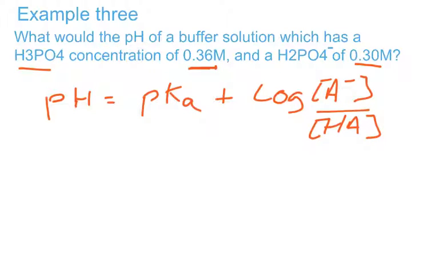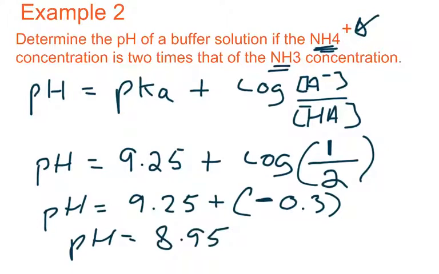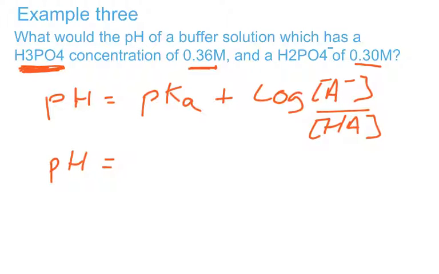Now we're going to do some plugging in. We are looking for pH, so we don't know that. Now the pKa for H3PO4 can be found on our table over here, this phosphoric acid at the top, and that value is 2.1. So we plugged it in. The pKa value is 2.1. Now we put plus.